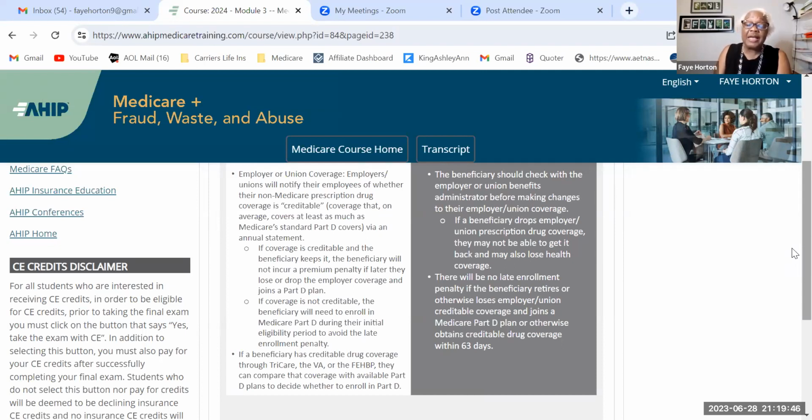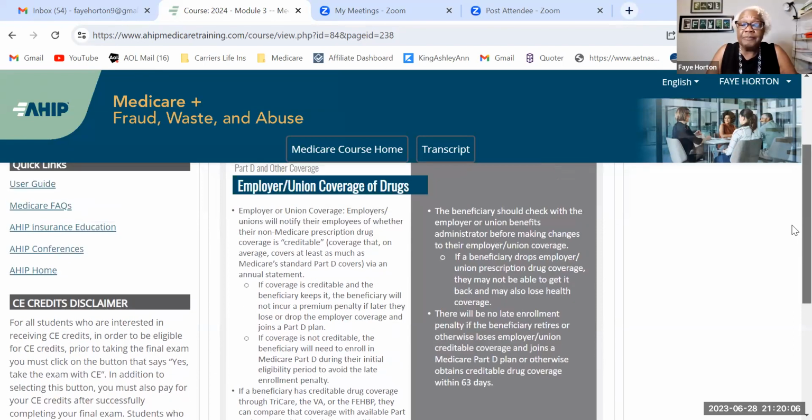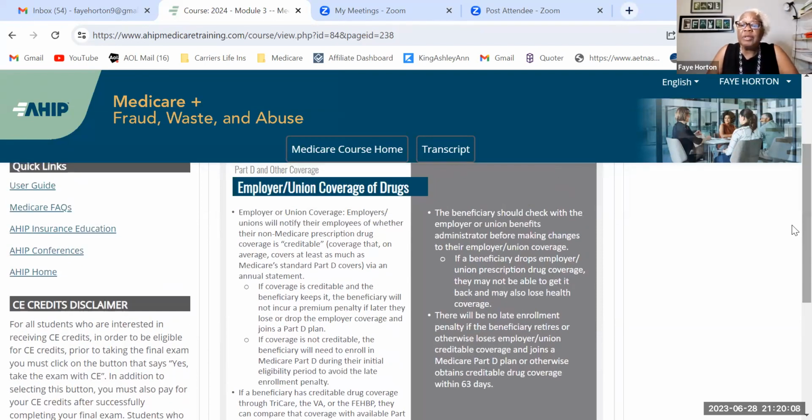If a beneficiary has credible drug coverage through TRICARE, VA, or FEHBP, the Federal Employees plan, they can compare that coverage with available Part D plans to decide whether to enroll in Part D. The beneficiary should check with the employer or union benefits administrator before making changes to their employer or union coverage.